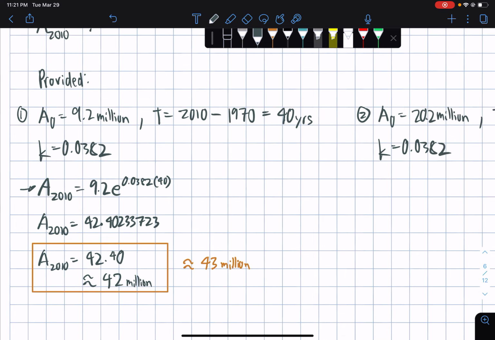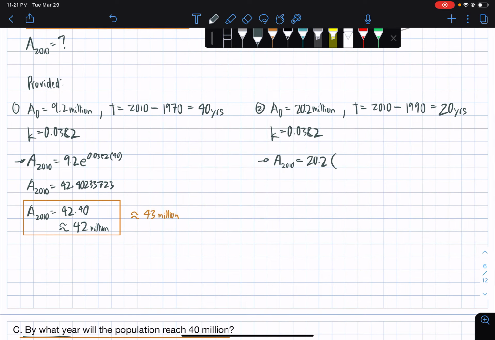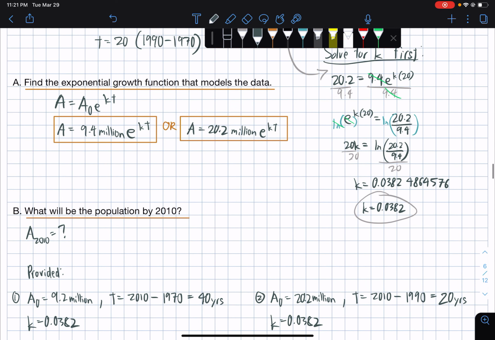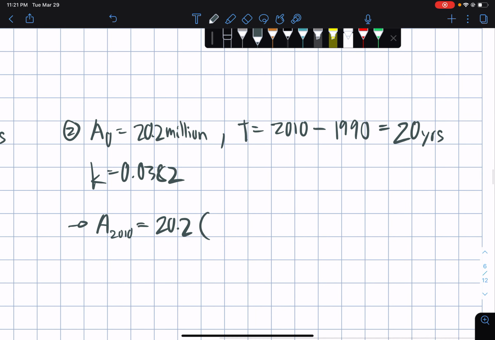Let's try the other way. Let's assemble our given. So a sub 2010, that's what we're trying to find. For a sub o, we have 20.2. Then Euler's number, I almost forgot.